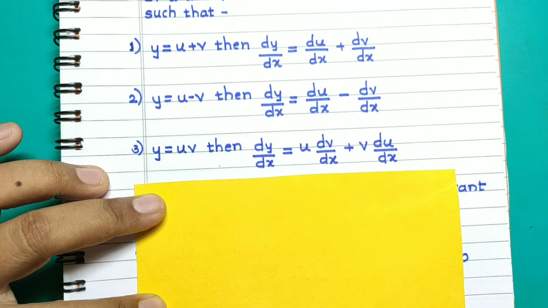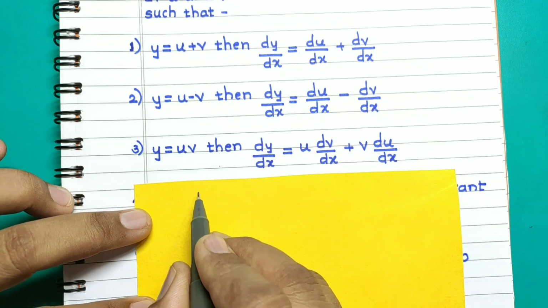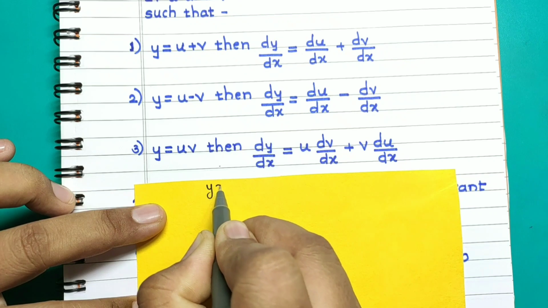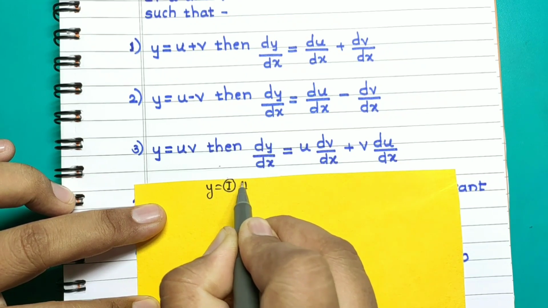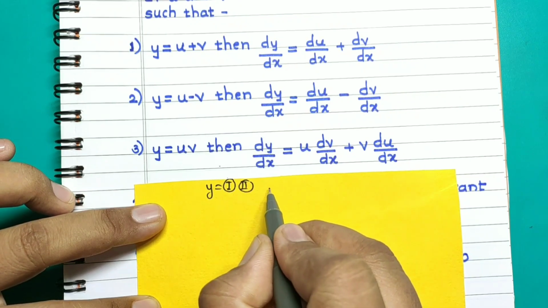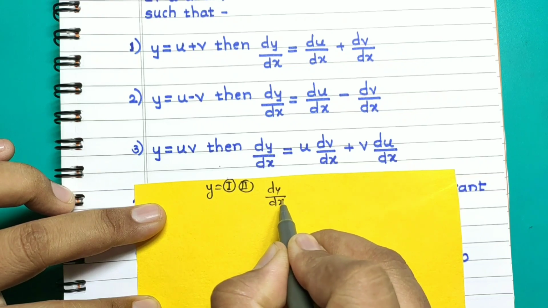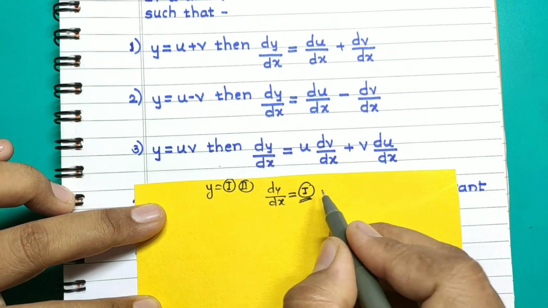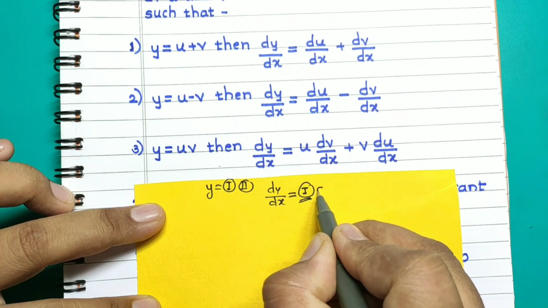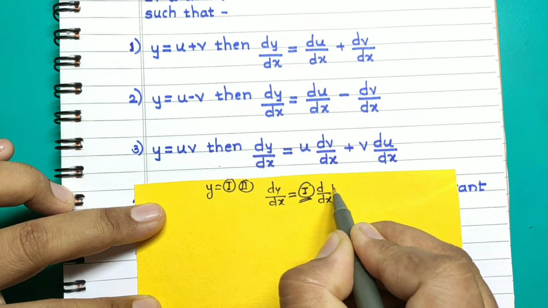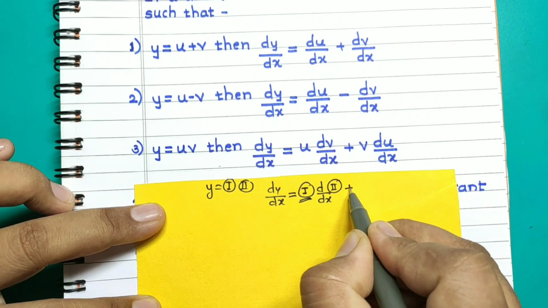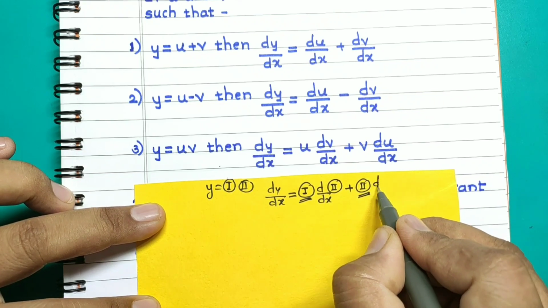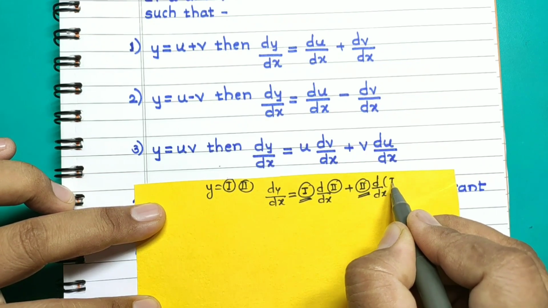So for applying the results in particular cases, you have to remember this rule as, suppose y is the product of first and second function. So how to apply the rule? dy by dx is equal to first function as it is, multiplied by derivative of second function, plus second function as it is, multiplied by derivative of first function.